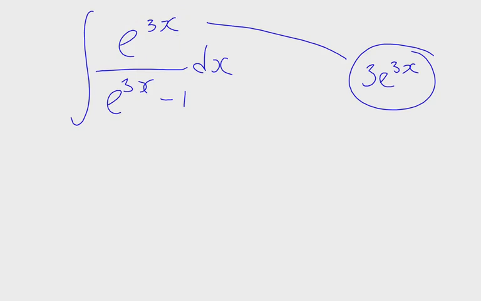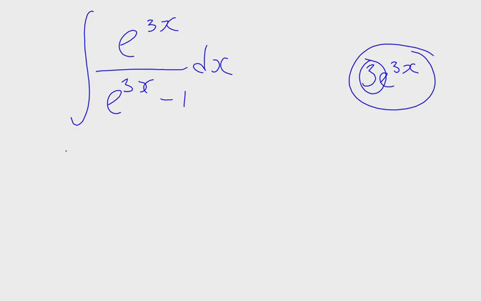So, what we are going to do is to adjust this question itself. We cannot write it as is, because it's 3 that we need here. So what we do is that we will multiply it by 3 and also divide it by 3.